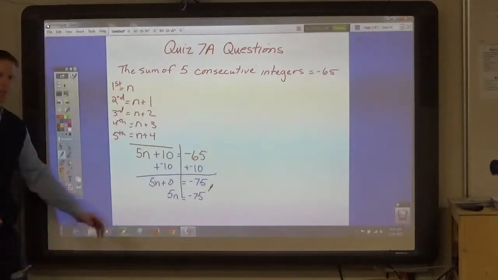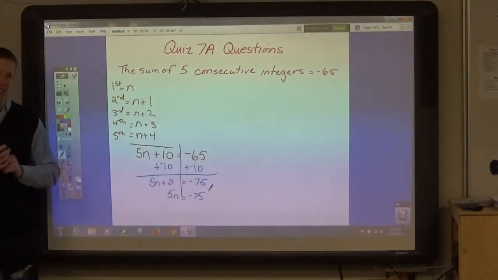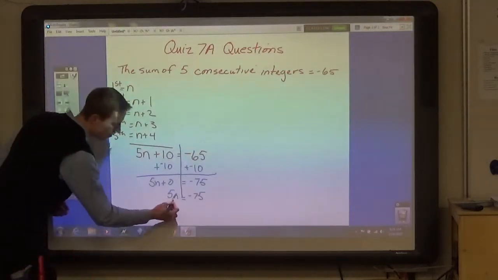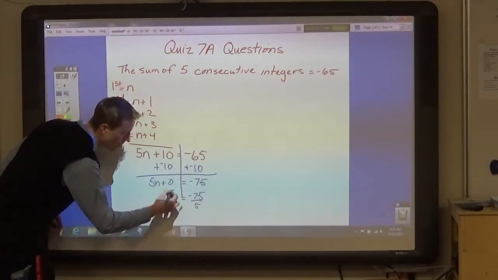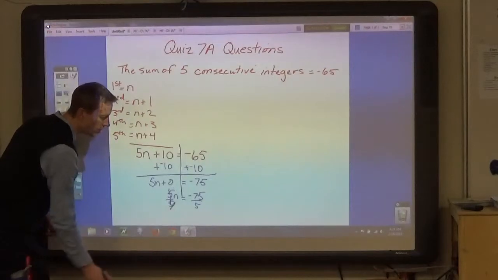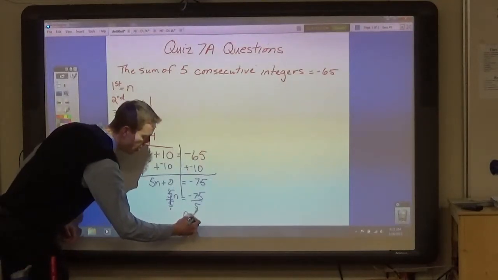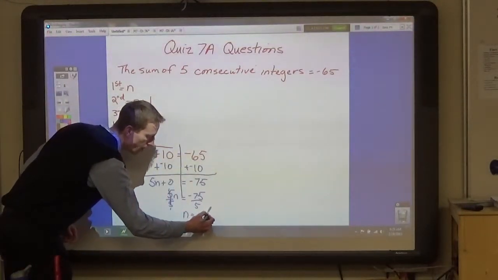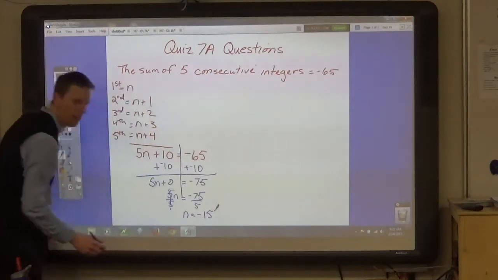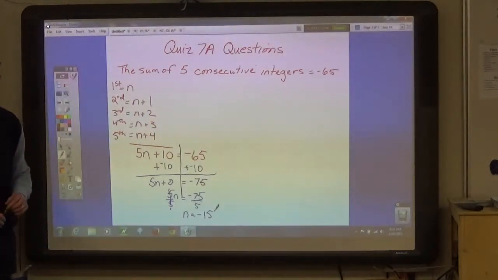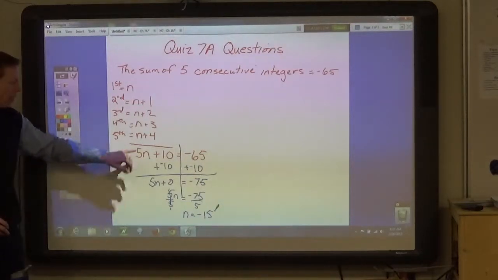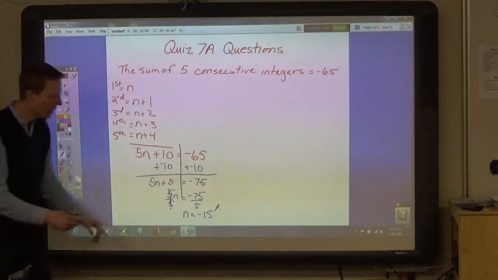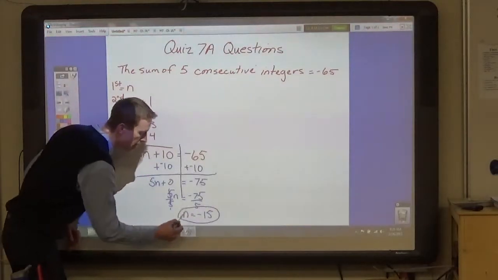Now, how do you group the 5 n's? Divide by 5 on both sides. Cross off these reciprocals, and n equals negative 15. This second point is to get this solution, figure out what n is.